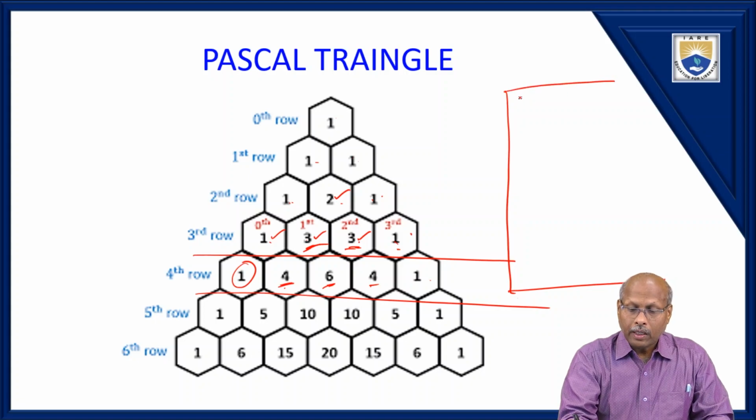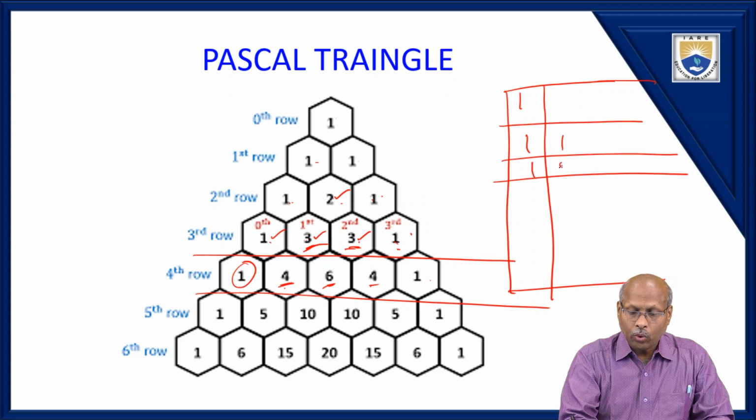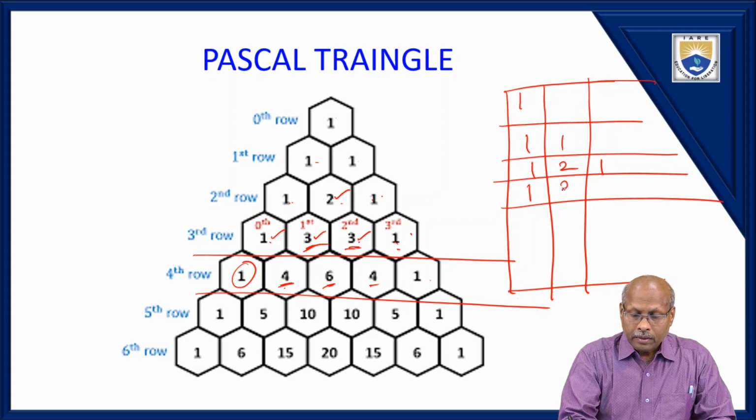So that means I can say the first row has 1 element, the second row has 1 and 1, the next row has 1, 2, 1, the next row has 1, 3, 3 and 1, and in the next row the first element is 1.